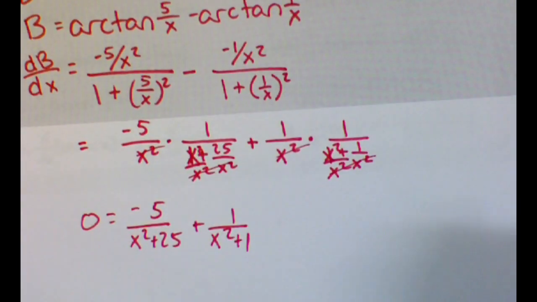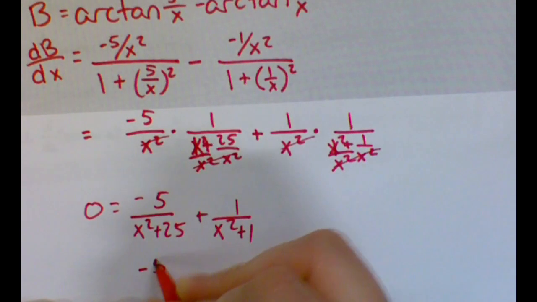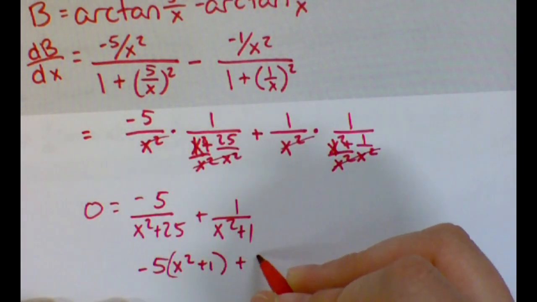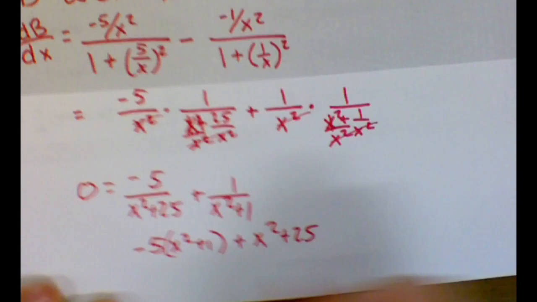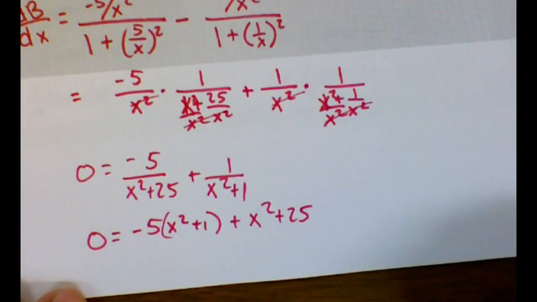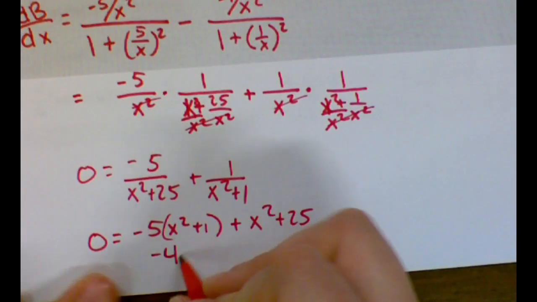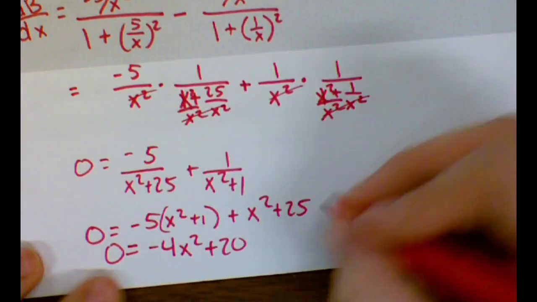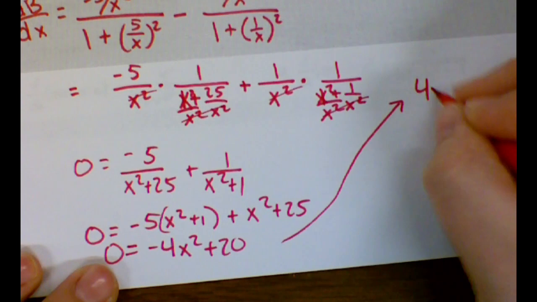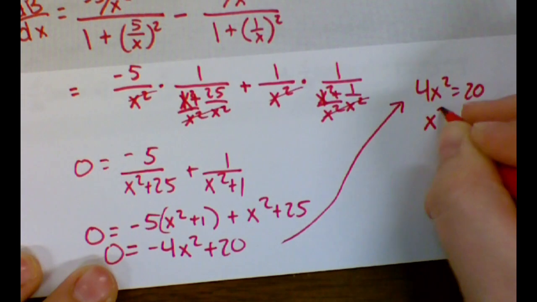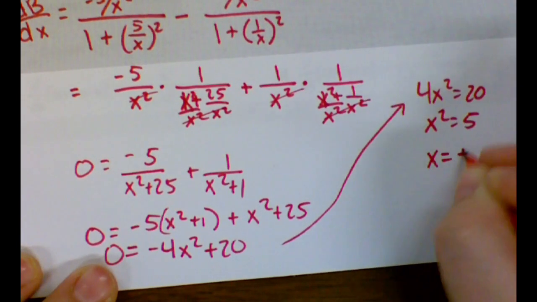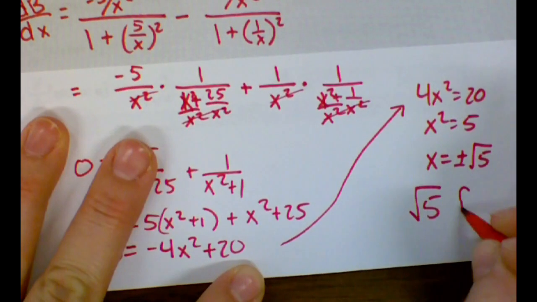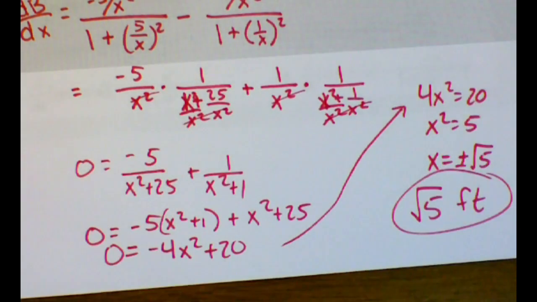I would get a common denominator, which would give me negative 5 times x squared plus 1, plus x squared plus 25, over the common denominator, which isn't going to matter in the end. So I have negative 4x squared plus 20 equals 0. Do the rest of our work over here. 4x squared equals 20, x squared equals 5, x equals plus or minus square root of 5. It's obviously not negative, so square root of 5 feet away to maximize our angle.